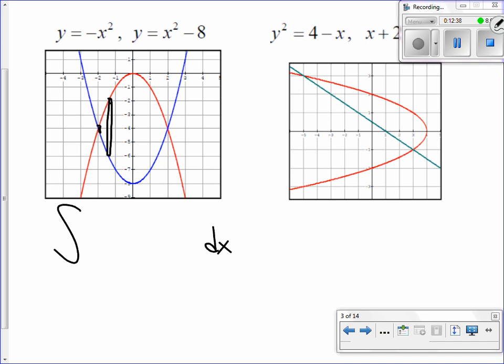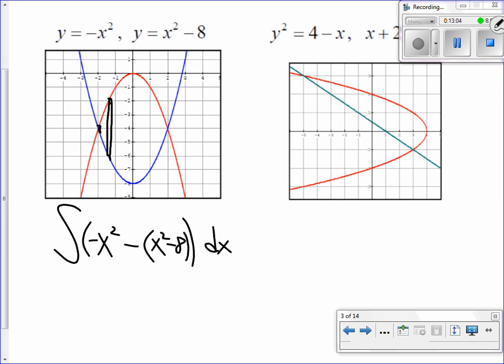Is it the negative x squared or the x squared minus 8? Negative x squared. So y top is negative x squared, this length, and then minus y bottom, y on the blue parabola, minus (x squared minus 8). Make sure you put in the parentheses if you're subtracting anything more than a monomial.